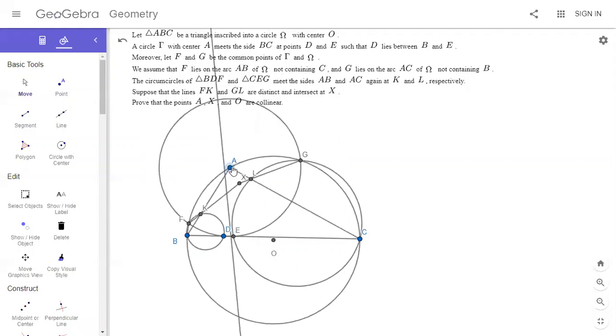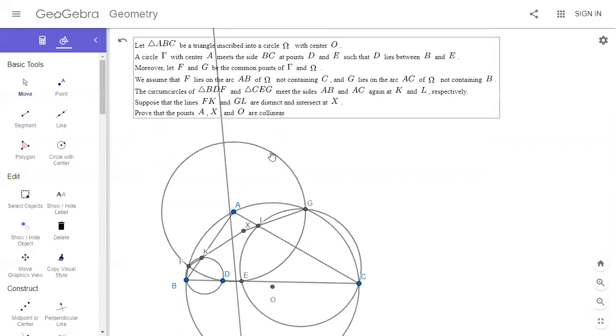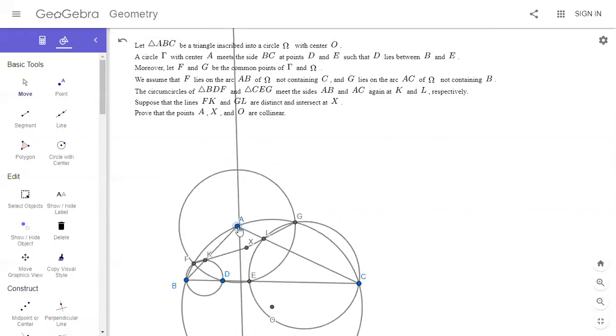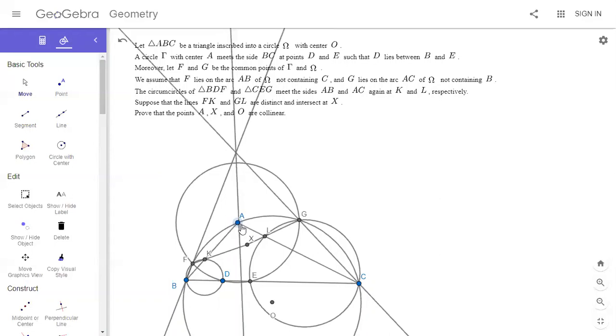So BF and GC have to intersect on it. So BF and GC should intersect on it. I'm not sure, but that's using the radical axis theorem.